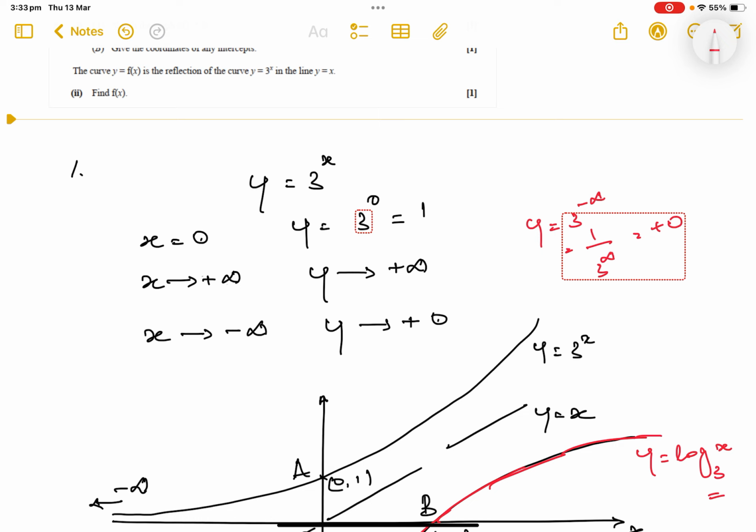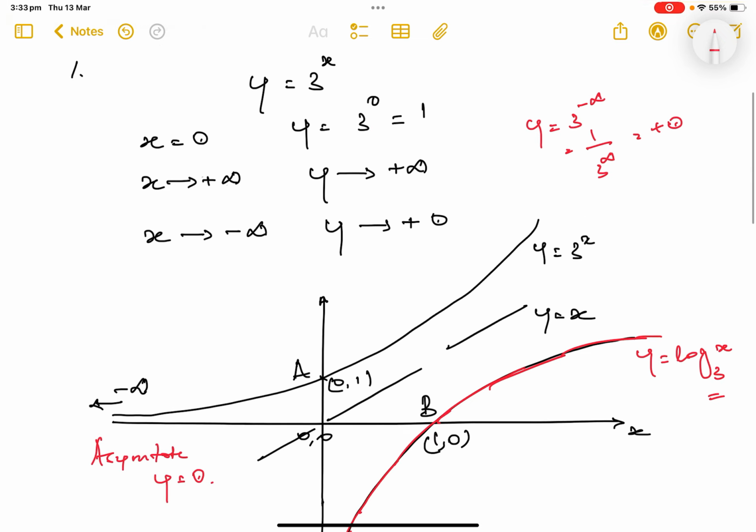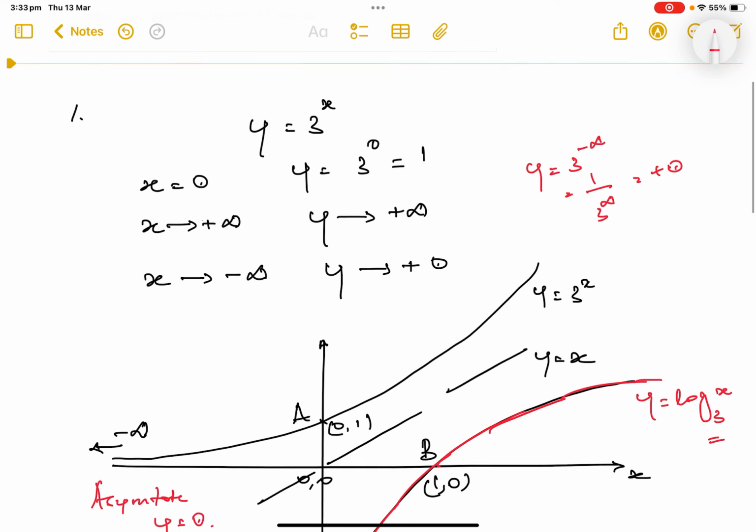We always need to check positive and negative values for the graph. So as x tends to minus infinity, y tends to positive 0.